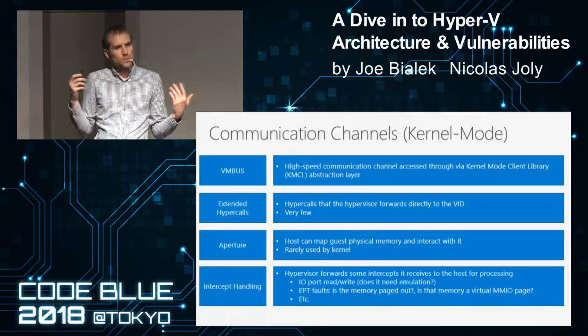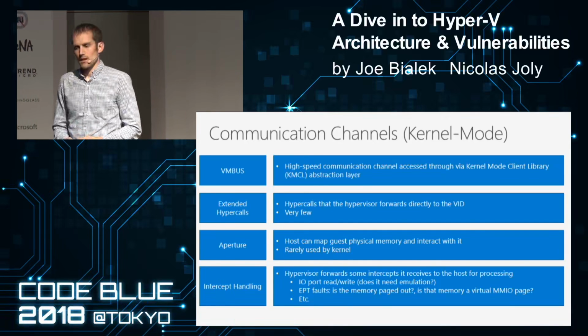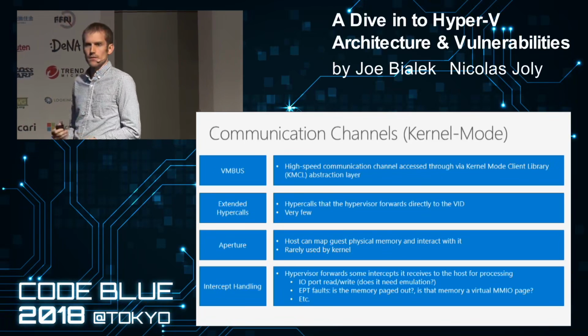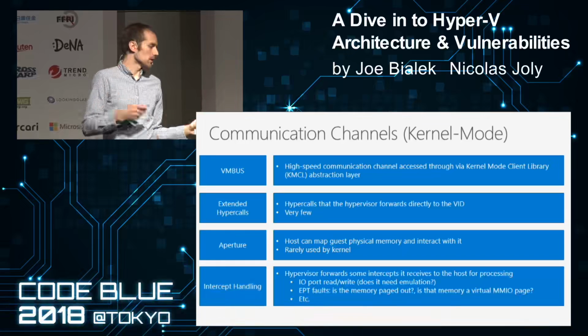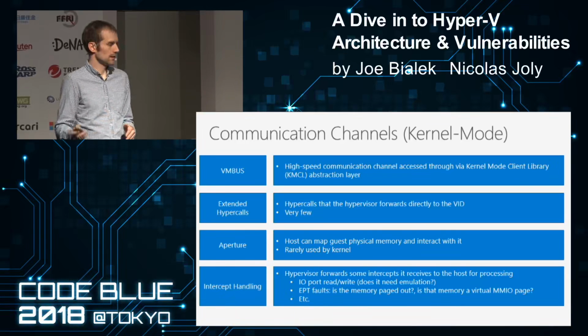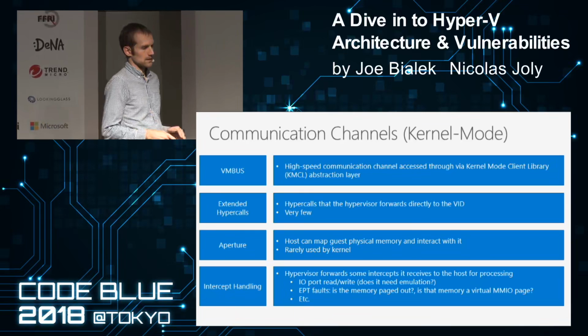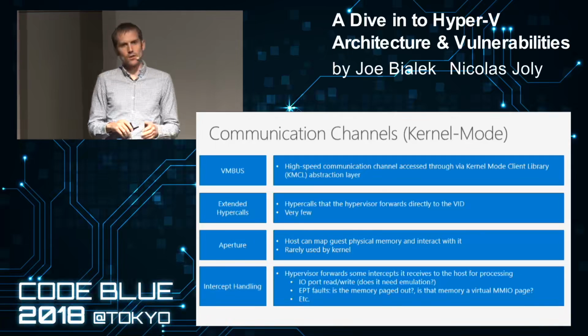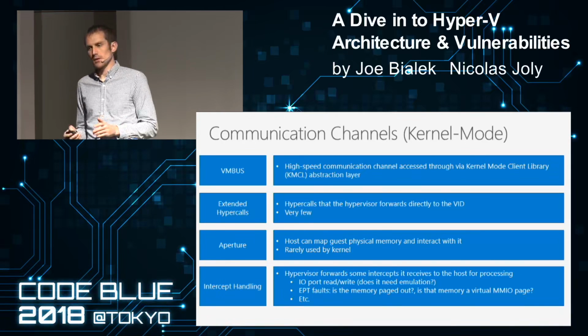So how do you communicate with kernel-mode components? The primary way you communicate with Hyper-V's kernel-mode components is over the VM bus. And we're going to talk more about how VM bus works in just a minute, so I'm just going to leave it at that for now. The next way is through what we call extended hypercalls.